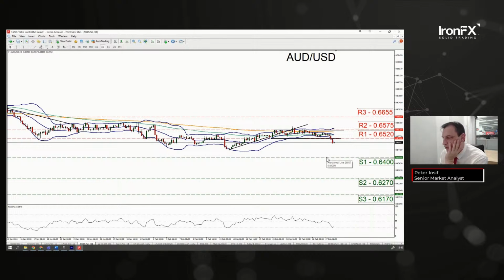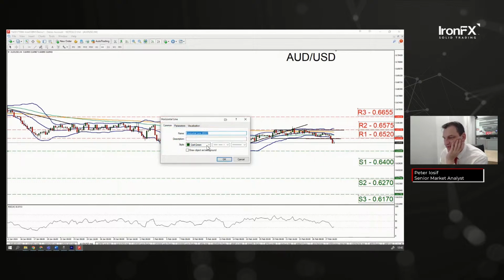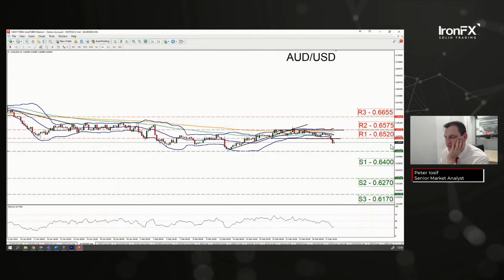I'm going to be narrowing the distance and actually raising the S1 to meet this true here. That's my turning point. Should the price action breach that level, that would be a confirmation of the bearish movement. And it's set at 0.6440.